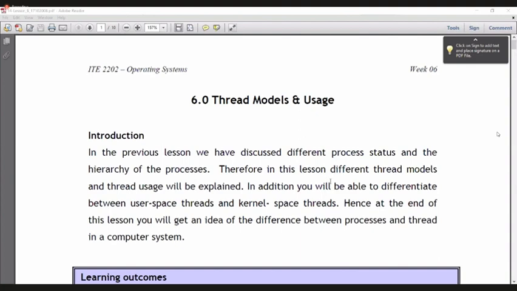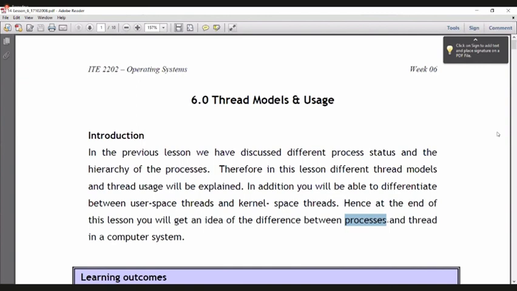Therefore, in this lesson, different thread models and thread usage will be explained. In addition, you will be able to differentiate between user space threads and kernel space threads. So we learn what they are. And at the end of this lesson, you will get an idea of the difference between processes and threads.